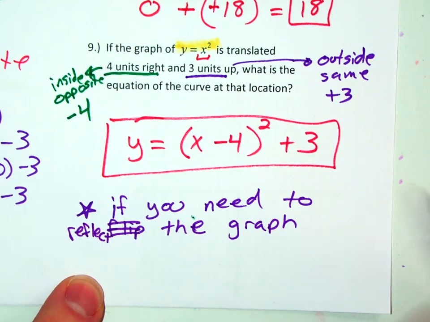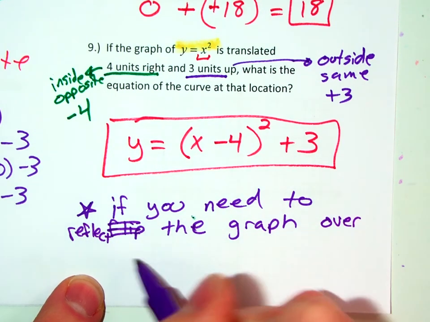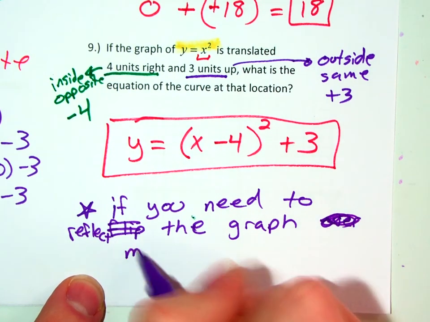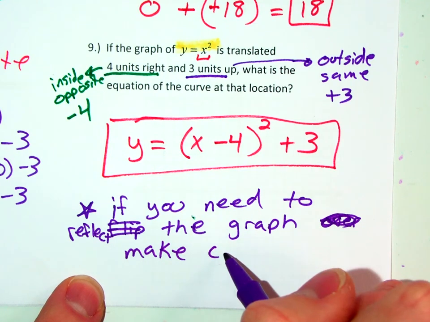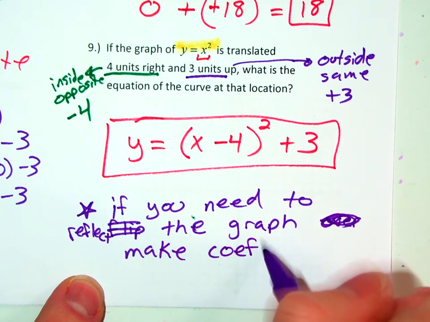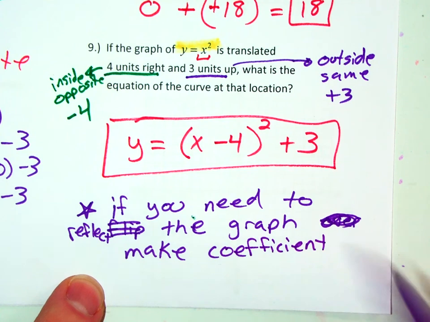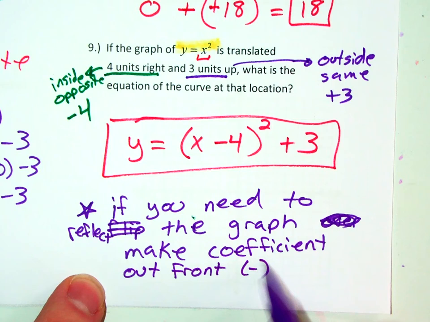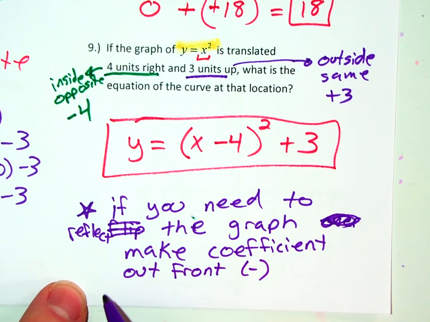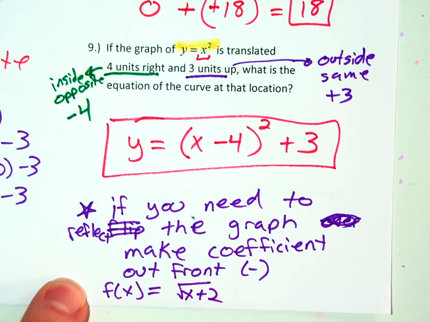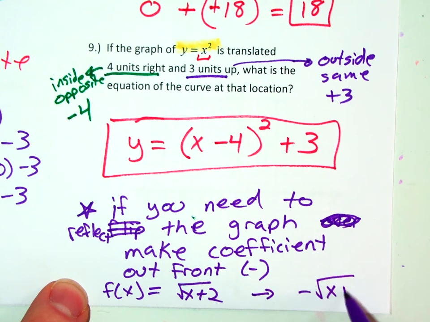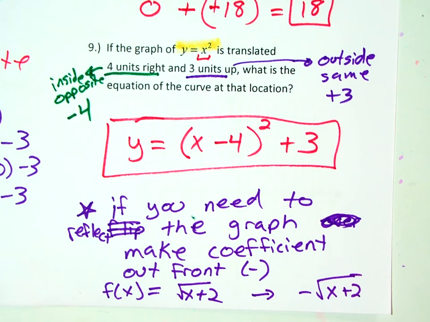If you want to reflect the graph over the x-axis, we'll just make the coefficient out front negative. What I mean by that is, if I had something like f of x equals the square root of x plus 2, to make this flip, we would then change it to negative radical x plus 2. Okay, so that's just a friendly reminder.